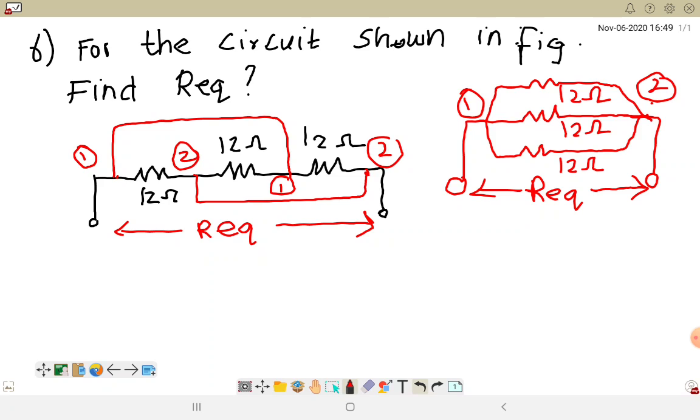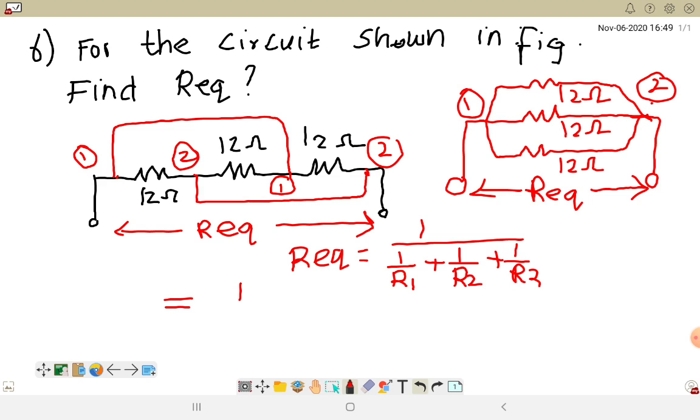See, the three resistances are connected in parallel combination. So what is the equivalent resistance? R equivalent is 1 divided by 1 by R1 plus 1 by R2 plus 1 by R3.